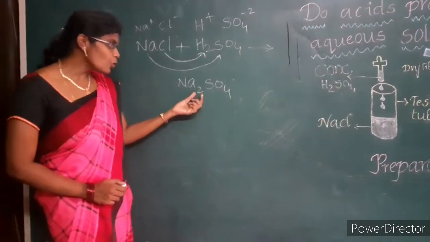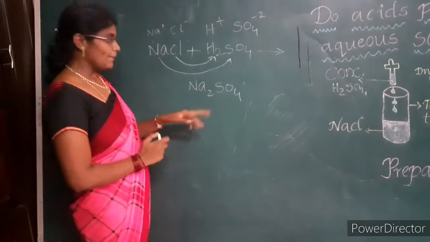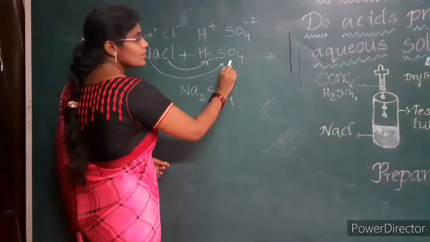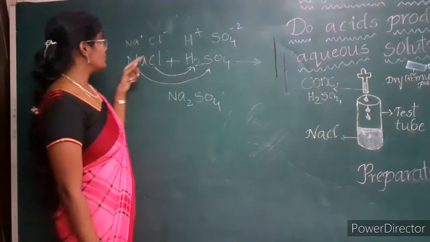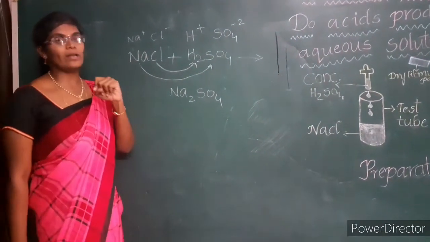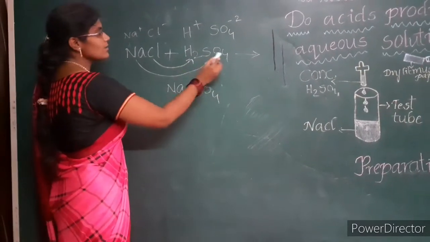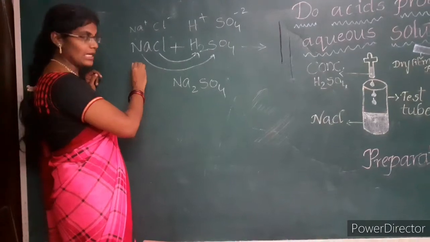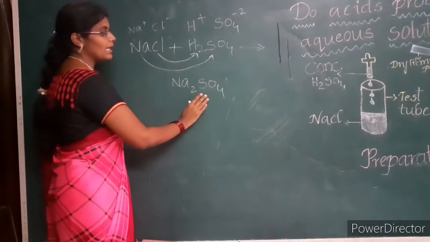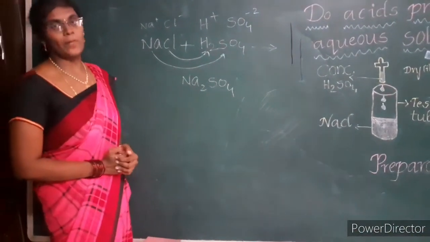Children, why did we write 2 here? Because already we discussed it. The valency of the sulfate is 2 and the valency of the sodium is 1. So here the sulfate combines with 2 sodium atoms and it forms the Na2SO4 compound.